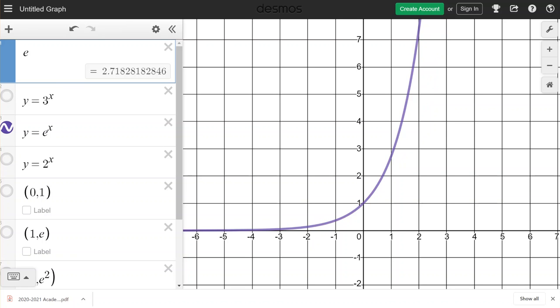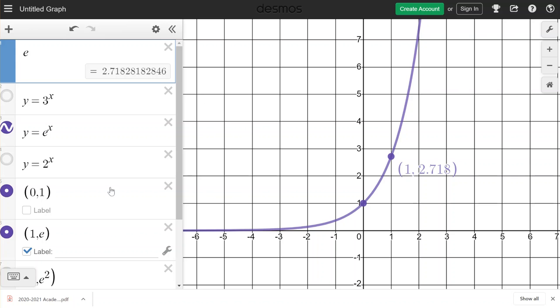All of the solutions, when I put in, for example, x is 0, e to the 0 is 1, so 0, 1 is on e to the x. When I put in 1 for x, I get for y, e to the 1, I get e, right? That is approximately 2.718.